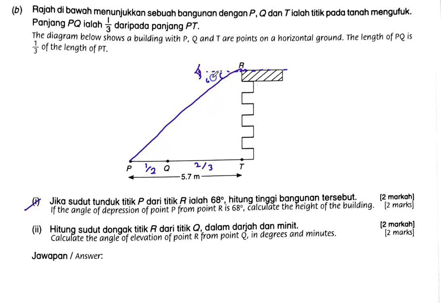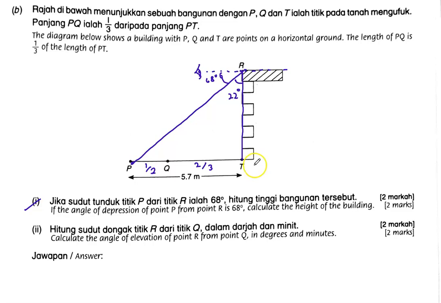So this one is 68 degrees. This doesn't really look like 68 degrees, let me show you how to do 68 degrees. Okay, so this one here is 68. Thus, this one is 22 degrees.